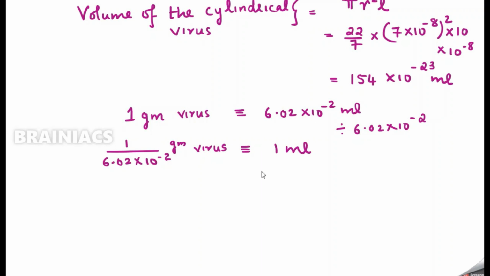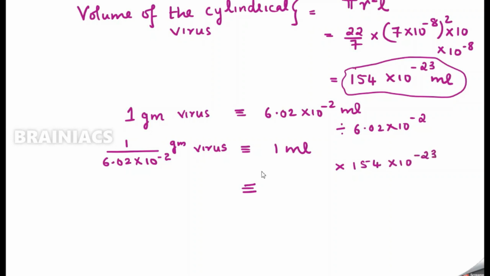Now we need to find out the mass corresponding to 154 into 10 power minus 23, because that is the volume of the cylindrical virus. To get that, I will multiply by this number, 154 into 10 power minus 23. So this will become 154 into 10 power minus 23 ml. So multiply by the same number here.